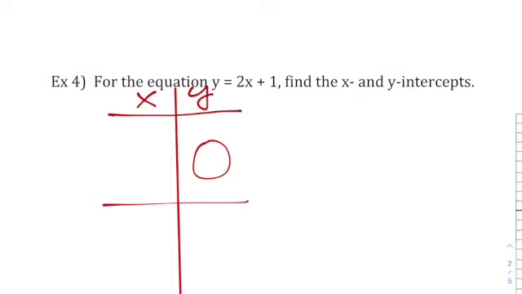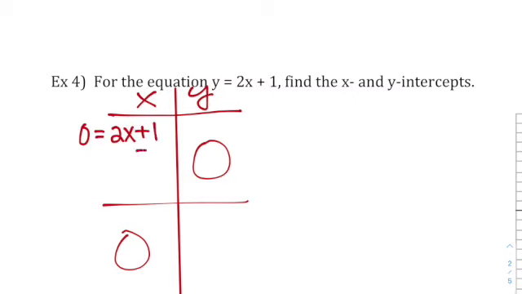Looking for x-intercept, y equals 0. Looking for y-intercept, x equals 0. Plug it in. Y equals 2x plus 1. Another way around, y equals 0 equals 2x plus 1.